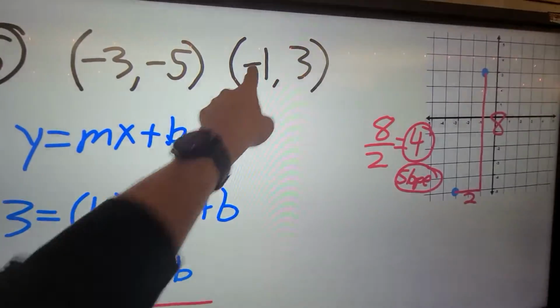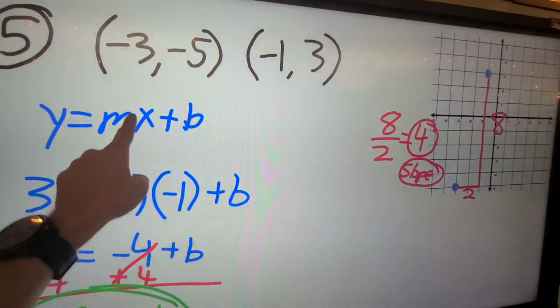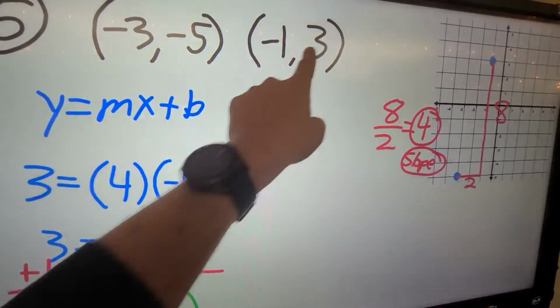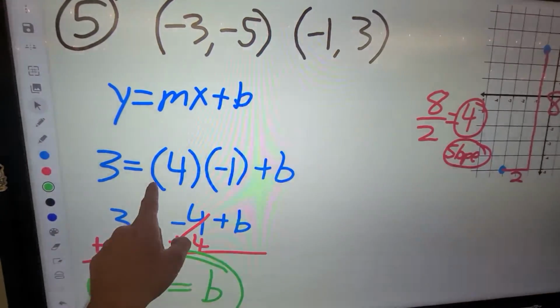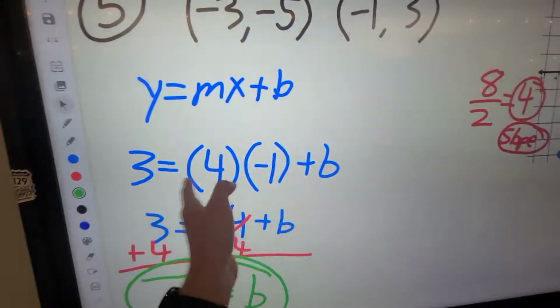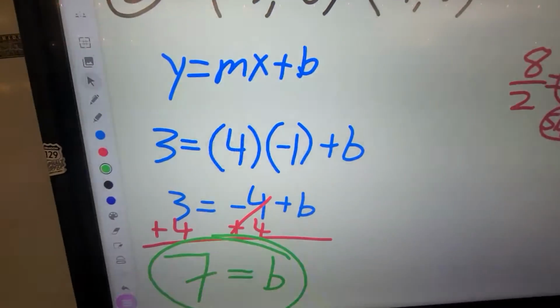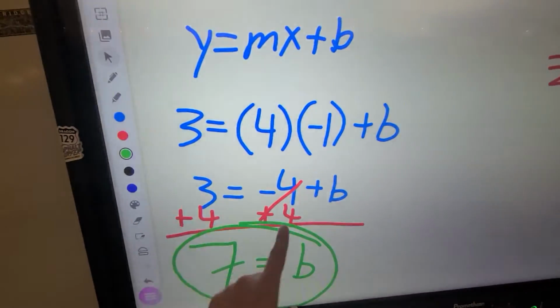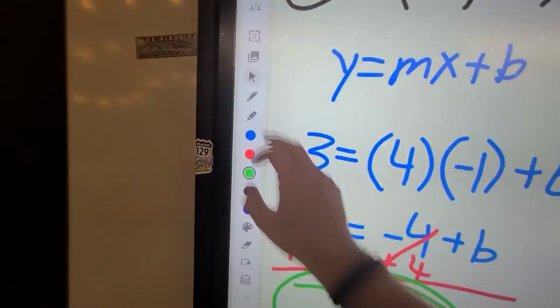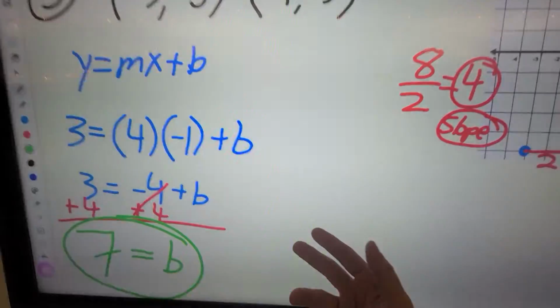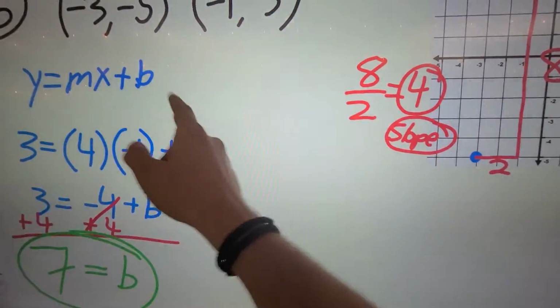My x value replaces my x, and my y value replaces my y. And my slope obviously just replaces my m value. Multiply 4 times negative 1, that gives me negative 4. Add 4 to both sides to isolate it, and I get 7 equals b. Which means when I'm going through and solving this, y equals mx plus b.